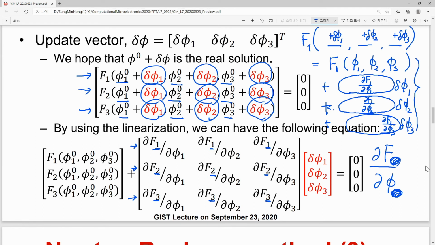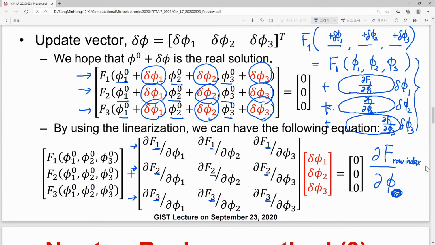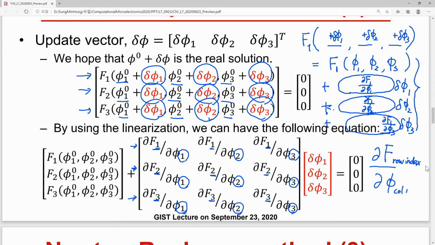So simply speaking, in this matrix, the component is simply given by f of the given row index. And when you have a look at the phi index, here we have 1, 1, 1 for the first column, 2, 2, 2 for the second column, and 3, 3, 3 for the third column. So we can say that this corresponds to the column index.